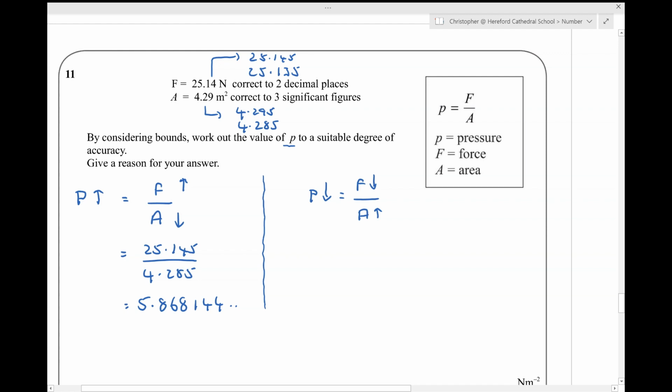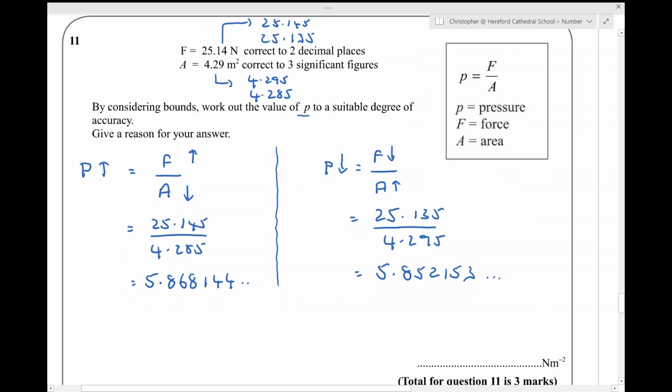Now let's go to the lower bound of p. That's going to be the lowest f, 25.135, over the upper bound for a, 4.295. So 25.135 divided by 4.295. That's going to be 5.852153, and so on. Okay, so we've worked out the upper bound of p and the lower bound of p.